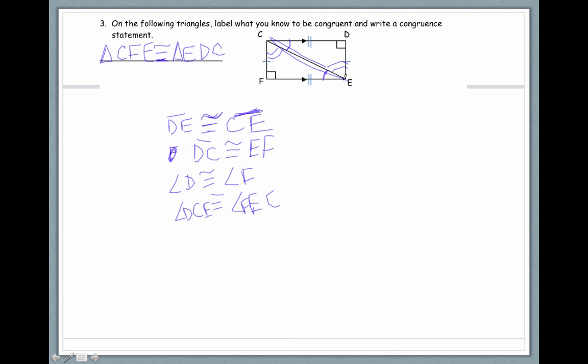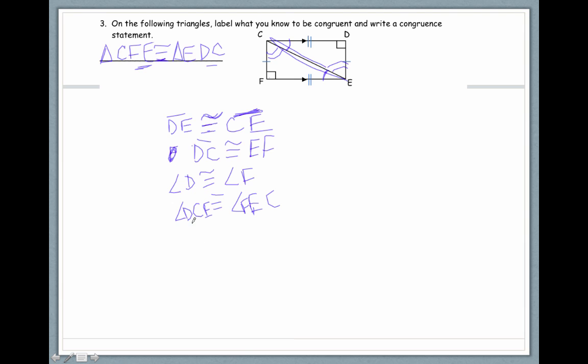So let's make sure this is right. EF and DC should be in the same spot in some direction, and they are. CF and DE and CE should be in the same position. CE, EC, that's fine. So this appears to be correct.